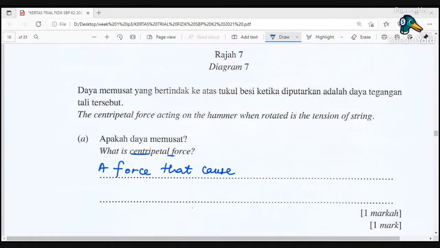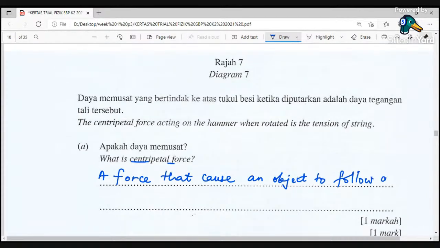Okay, we look again at the definition for centripetal force. A force that causes an object to follow a circular path.